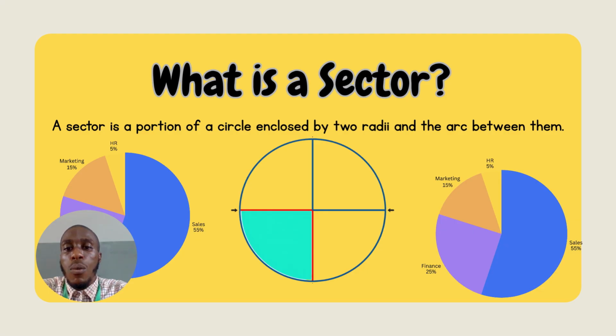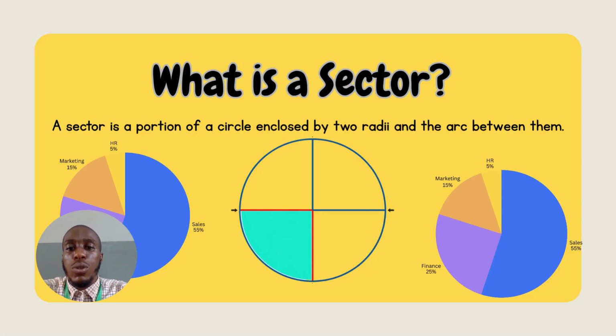That is, when you see a radius coming from the center and another radius coming from the center, they have to touch the circumference or a portion of the circumference, which is the arc, to form a sector.